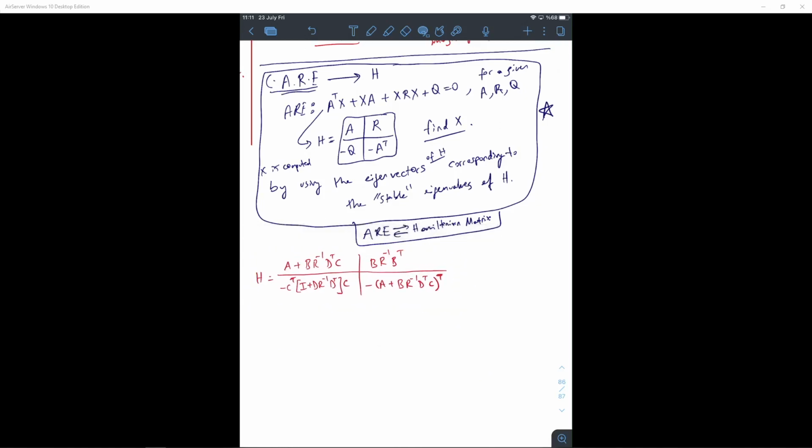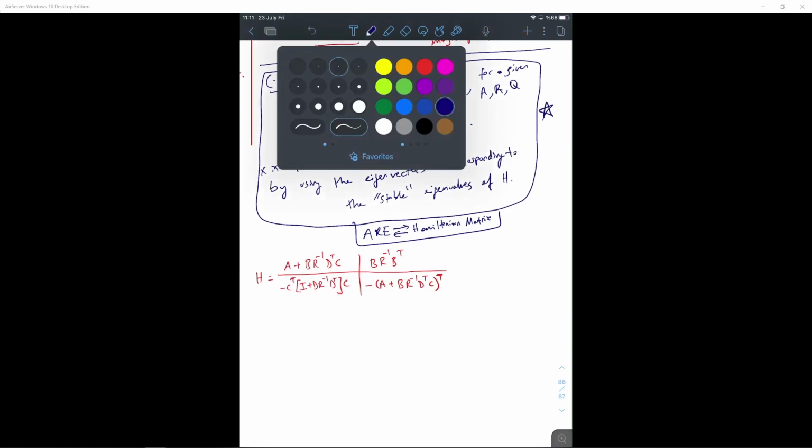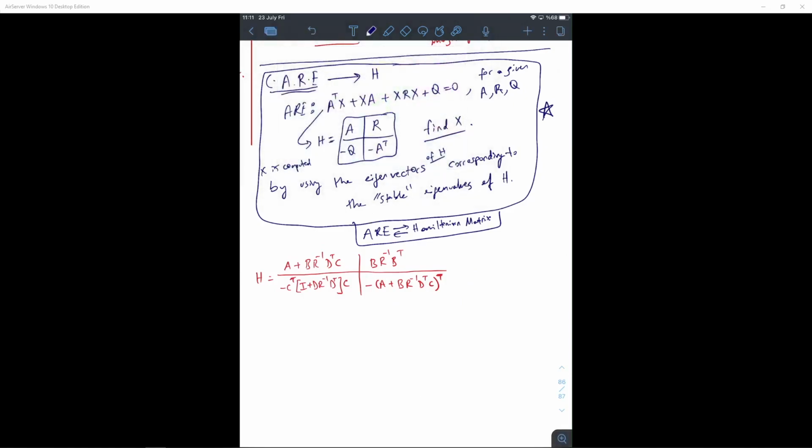Okay, and since this is the Hamiltonian matrix, and this is the algebraic equation associated with it, I'm just going to write A bar, R bar, minus Q bar, minus A transpose bar.